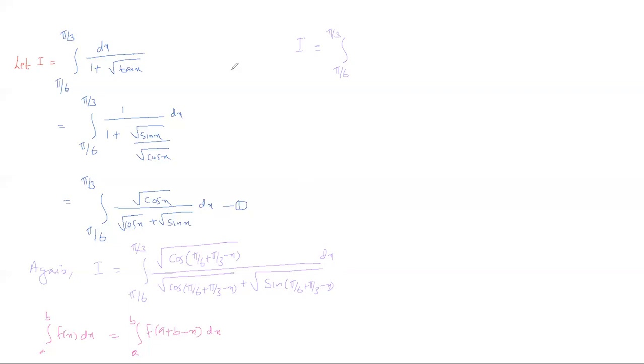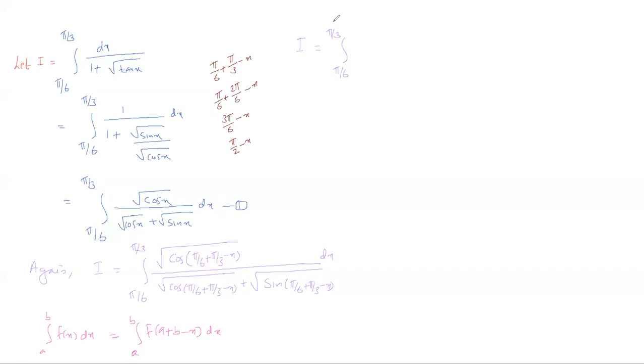You can see that this pi by 6 plus pi by 3 minus x, that is pi by 6 plus it is 2 pi by 6 minus x, which is 3 pi by 6 minus x, which is pi by 2 minus x.